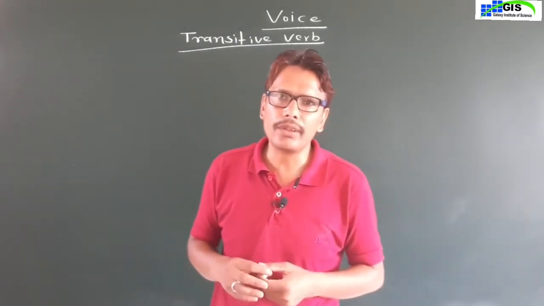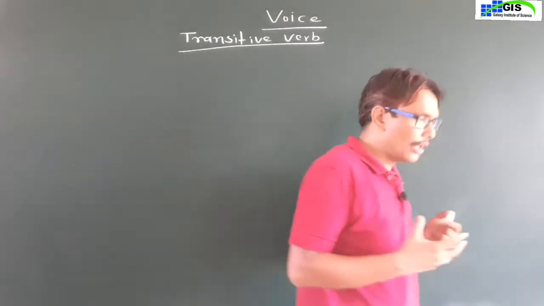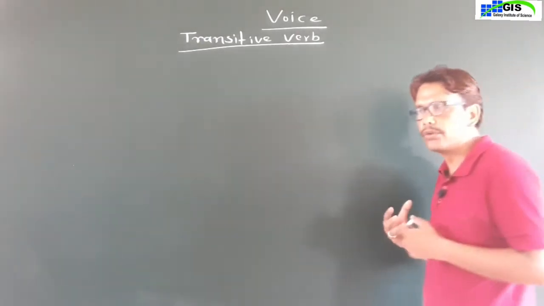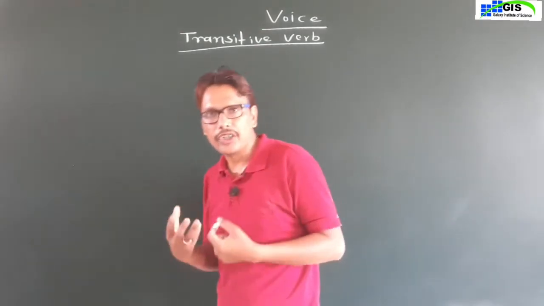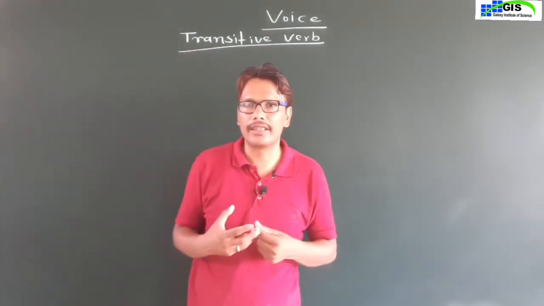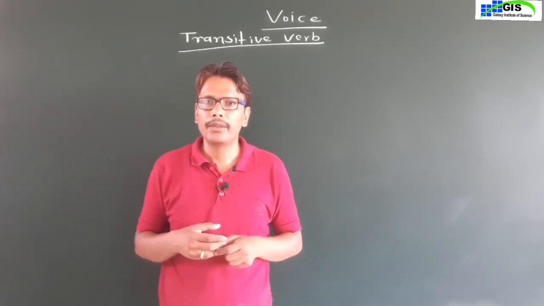Why do we use passive voice? Dear students, if we do not know who is the doer in the sentence, we use passive voice. These types of sentences are always used in historical facts and inventions, where we do not know the name of the inventor.